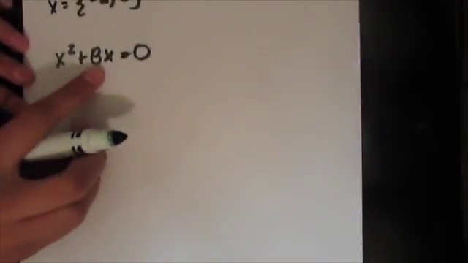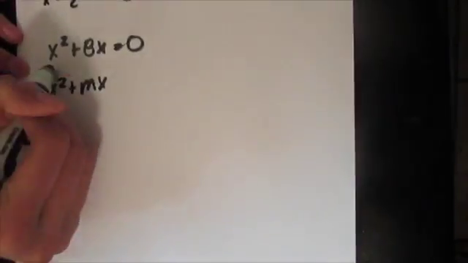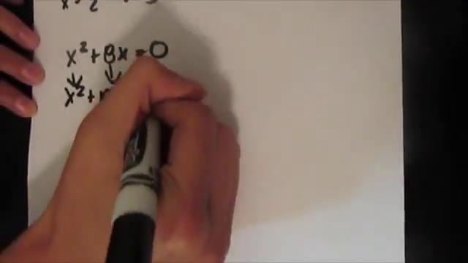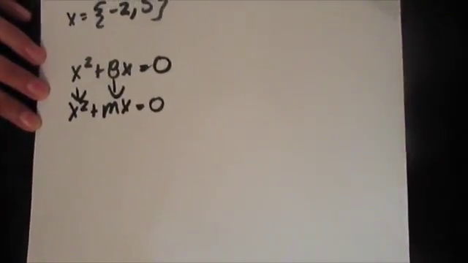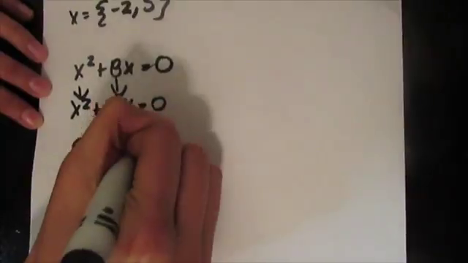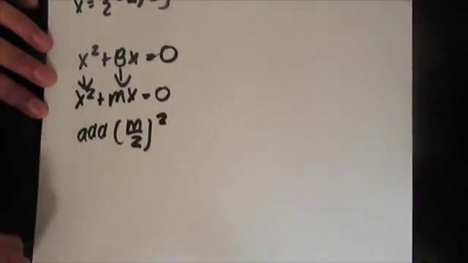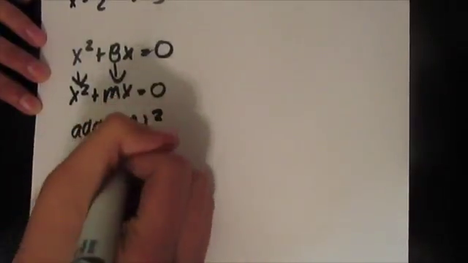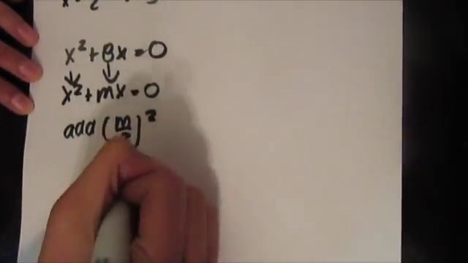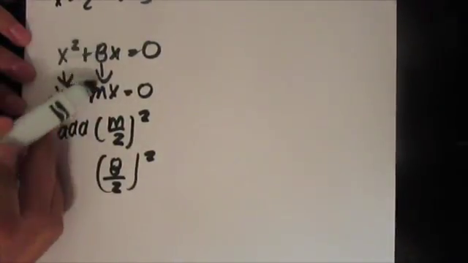This formula is in the form of x squared plus mx. So this is equal to this, and this is equal to this. What we want to do to make it a trinomial is we want to add m over 2 squared to the entire formula. So our m over 2 squared is 8 over 2 squared, because this is the same thing as this.